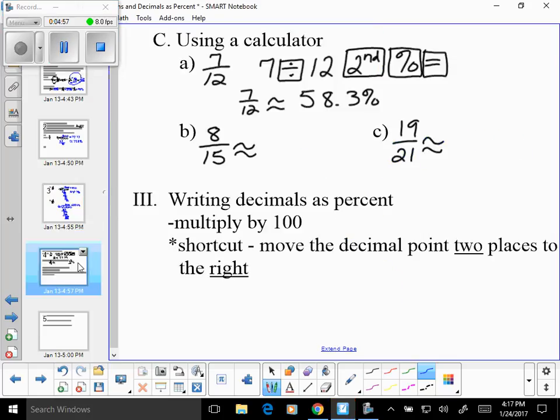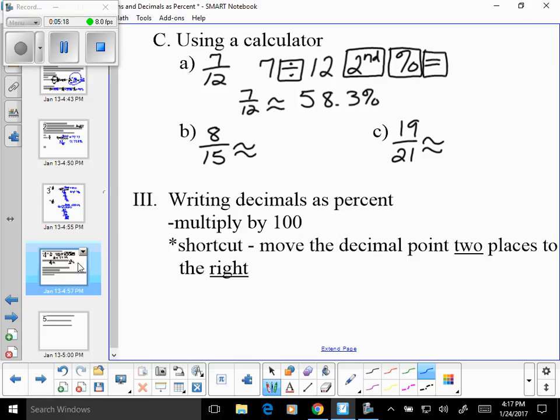The nicest thing is when they allow us to use a calculator, which they will do sometimes, and sometimes they'll have us do it paper and pencil. So if we're going to take 7/12, we are going to take 7, hit the division key, put in 12, that's called an input.